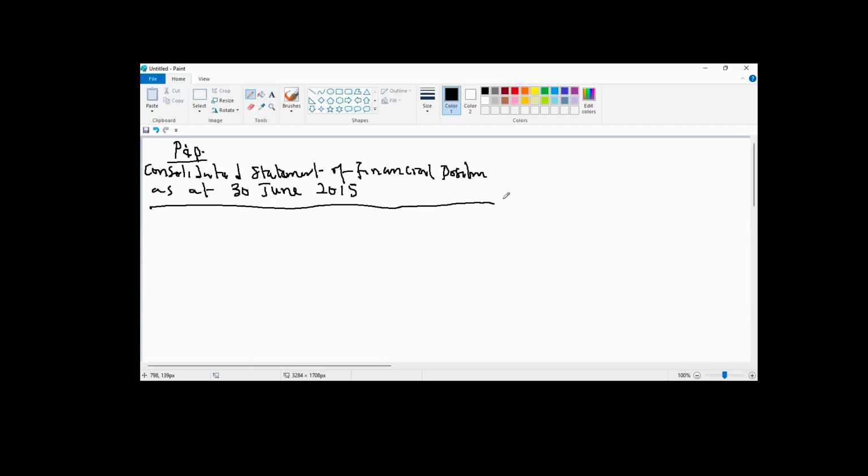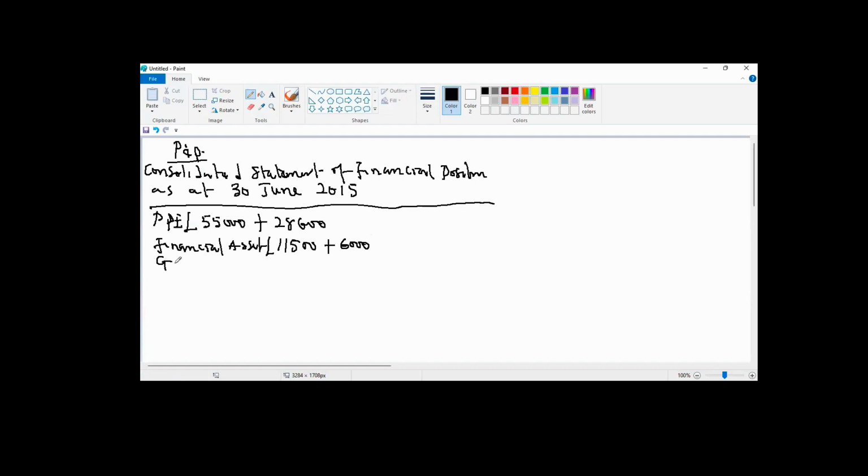Now, the first thing, PPE. PPE of the parent, 55,000 plus 28,600. Financial assets, 11,500 plus 6,000.